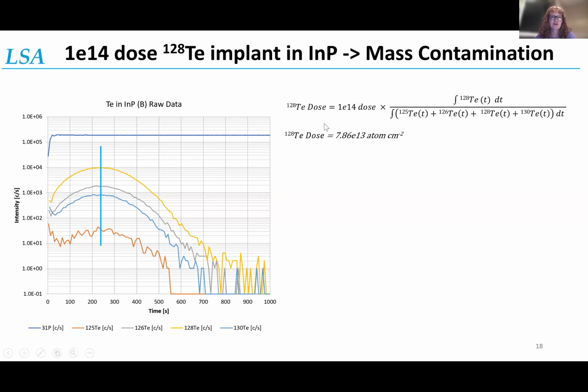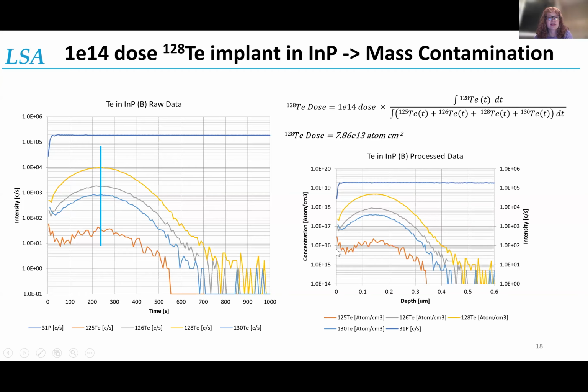But it's always a good way to check whether you've got mass contamination, especially if you're going to use the implant to quantify other samples in the future, because this can have a domino effect if you use the 1E14 dose rather than the 7.86 E13 dose. And here we've got each of the different isotopes quantified to show the varying doses for each of the different isotopes.